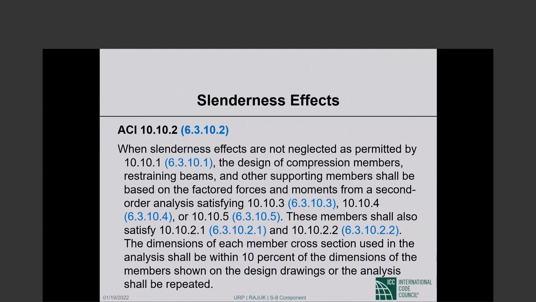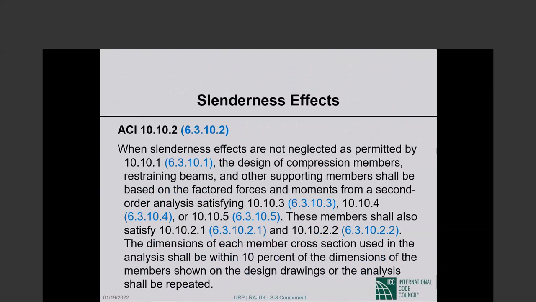Okay, what do you do when we say slenderness effect? How do you account for that in design? Where slenderness effects are not neglected as permitted by 10.10.1, remember KL over R less than 22 and so forth.